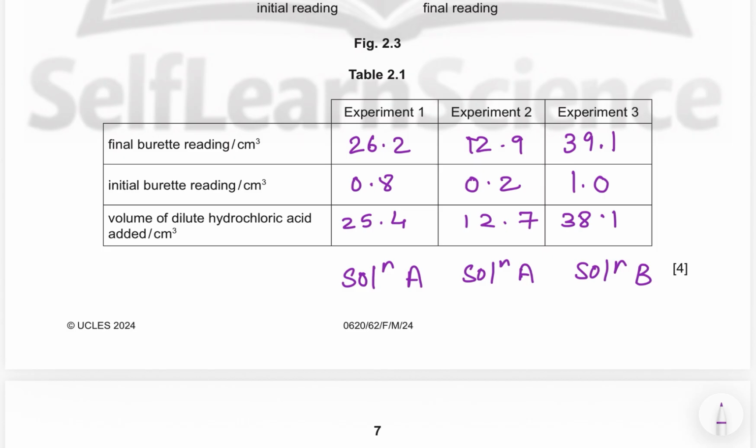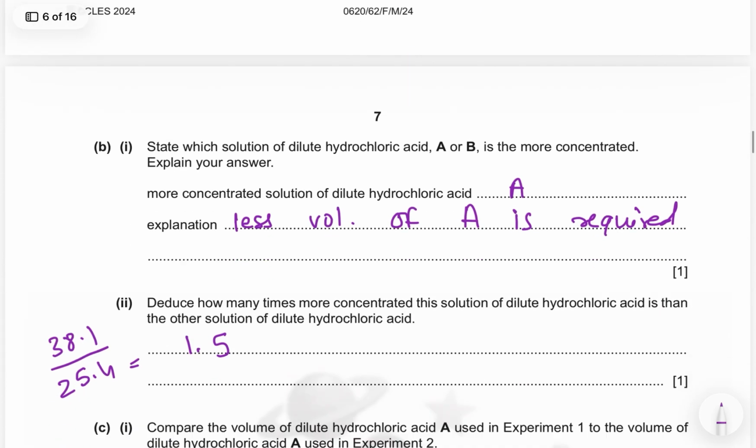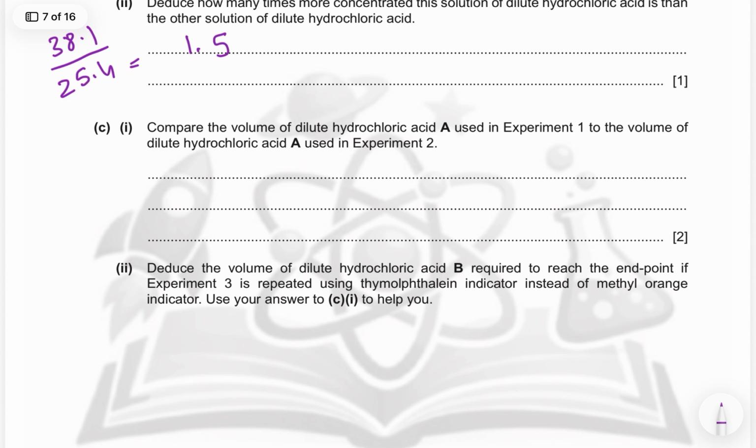So we have to compare here. If you see, experiment 1 requires a greater volume of solution A than experiment 2. And how many times it is greater, that we will write. So first of all, we require greater volume of solution A in experiment 1.